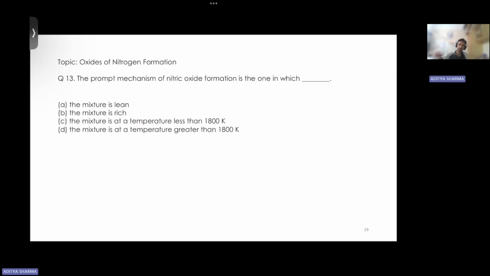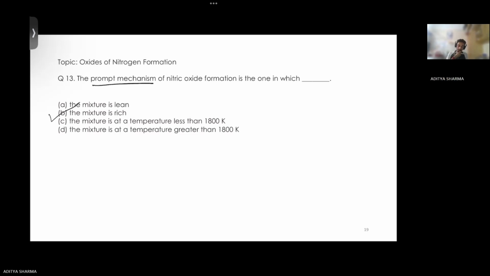Then the second is your Fenimore mechanism, which is also known as the prompt mechanism, which has been asked in the question. The prompt mechanism comes into picture when your mixture is rich, right? So if you see the options, option B is the one which corresponds to the fill in the blank.